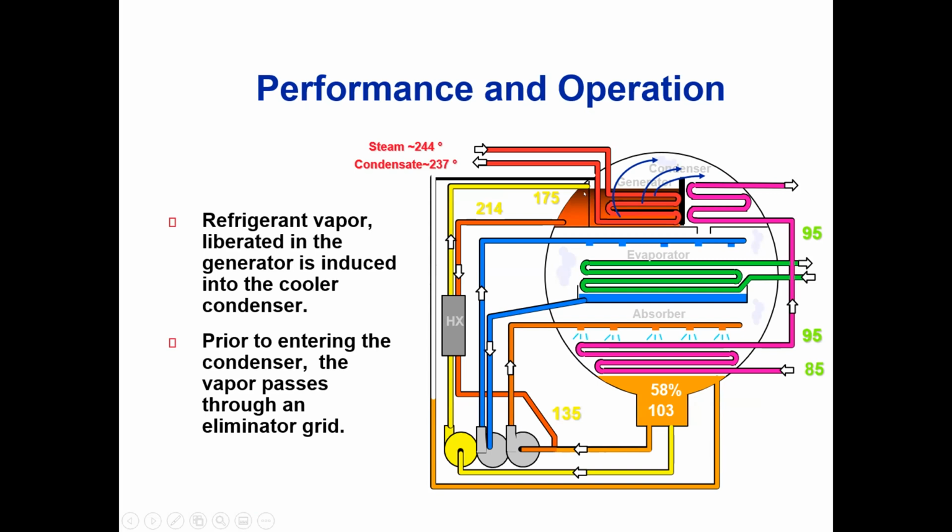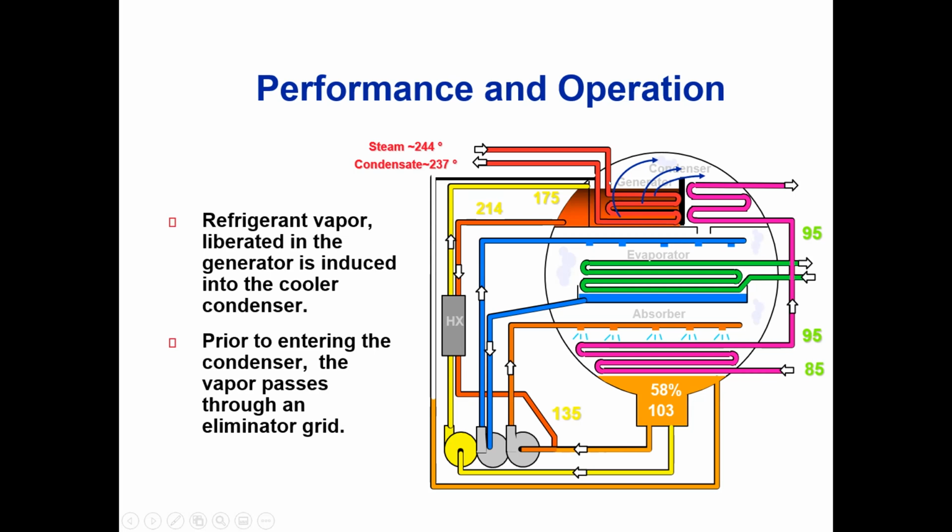But basically, what's happening is we are pumping a solution up here that has lithium bromide and water. It has a high concentration of water, and it's called weak solution. It's weak, meaning the concentration of lithium bromide is weak because it has a lot of water. It has maximum water content, as we'll see.